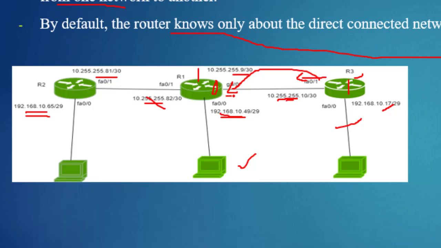The router is configured to have a default route that will forward every packet through this interface to this router here. That's what we basically mean by default routing.